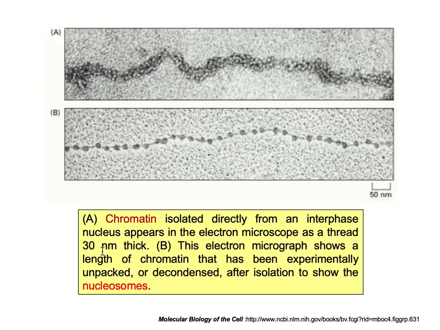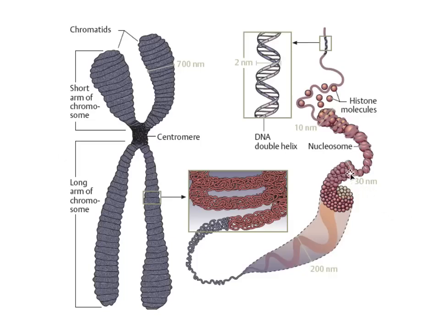It's 30 nanometers thick, and you can see from here where the 30 nanometer comes from. These nucleosomes, which are composed of 8 histones as a rounded, spherical object with the DNA wrapped around it, 3 of them, which is roughly 13 nanometers, will start creating our chromatin.